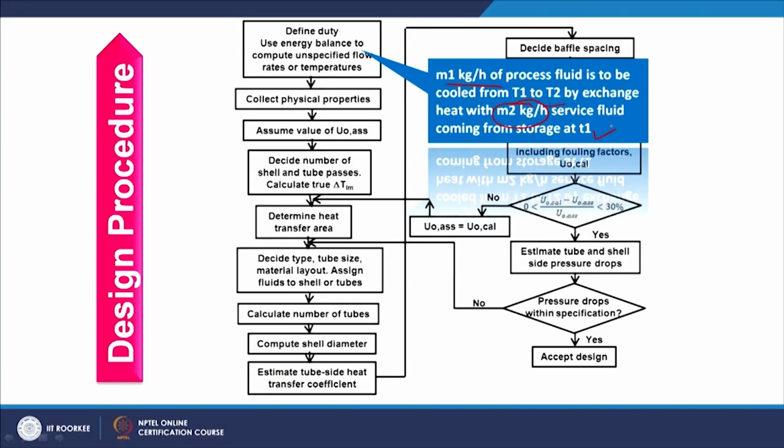So first you consider the average temperature, see the specific heat of the fluid at that temperature, and once the specific heat is known, you can calculate the heat duty considering m Cp dT.